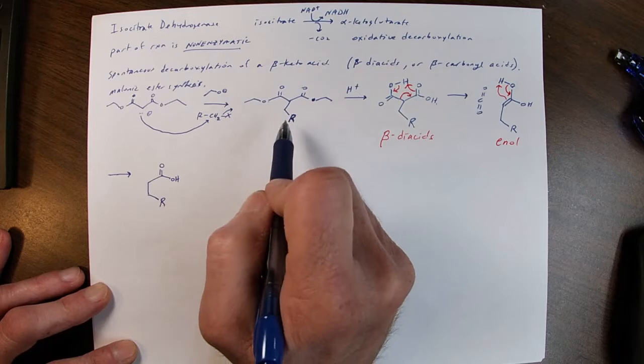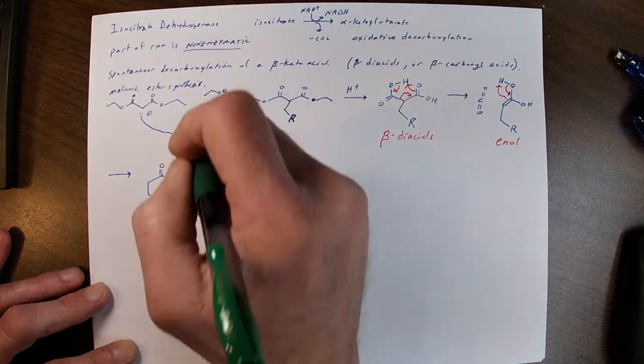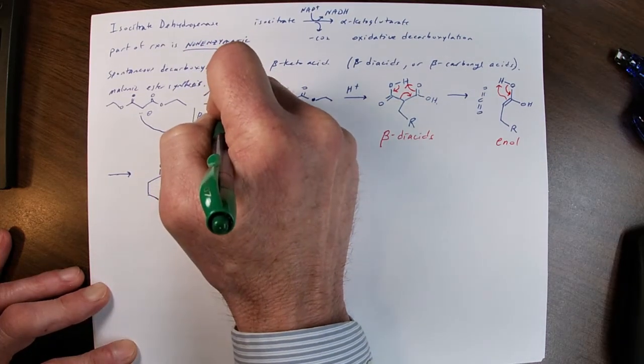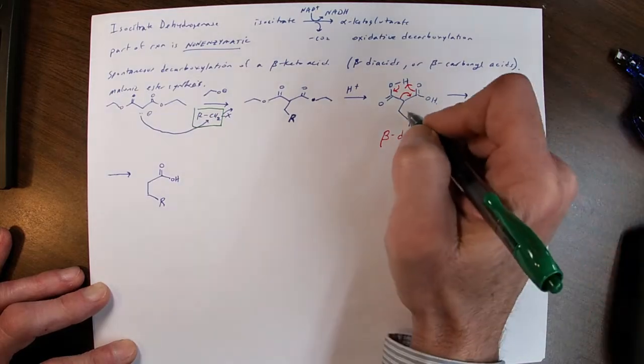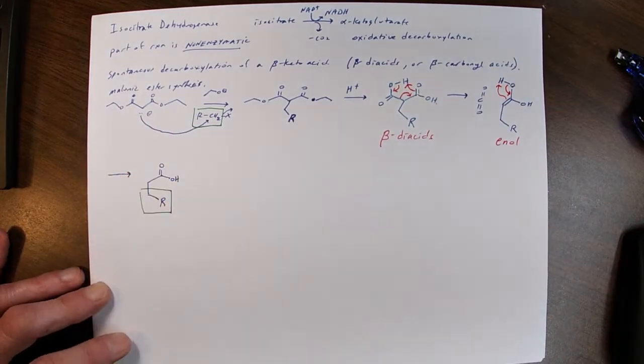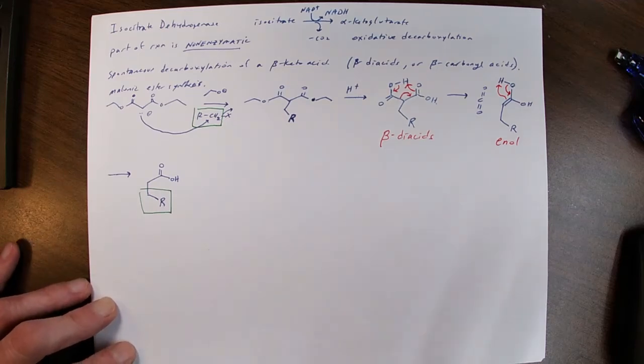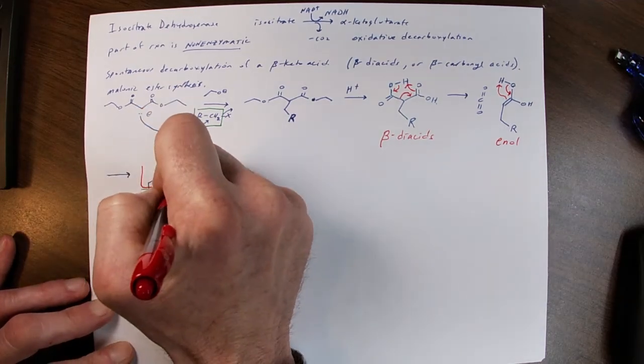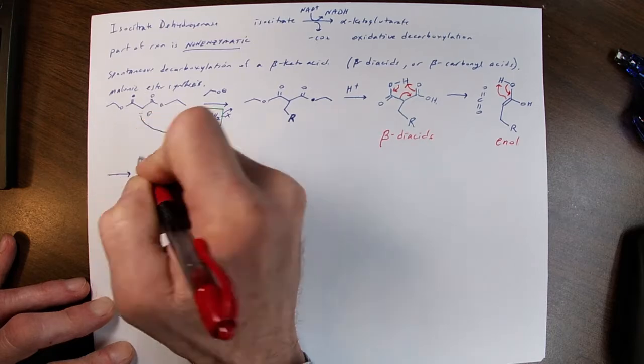Okay, so again, let me do this for you. There's your alkyl group that you've added. Okay, here's the alkyl group that we've added. So this is from the malonic ester.